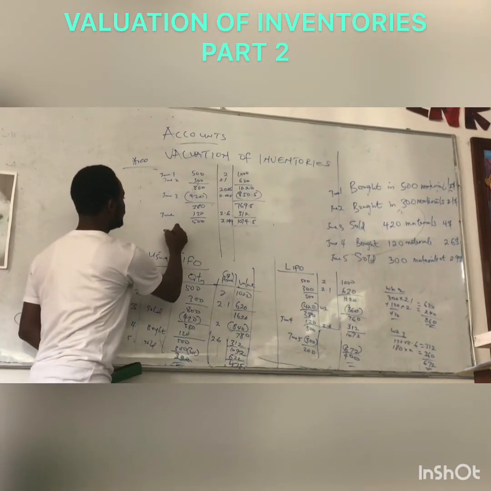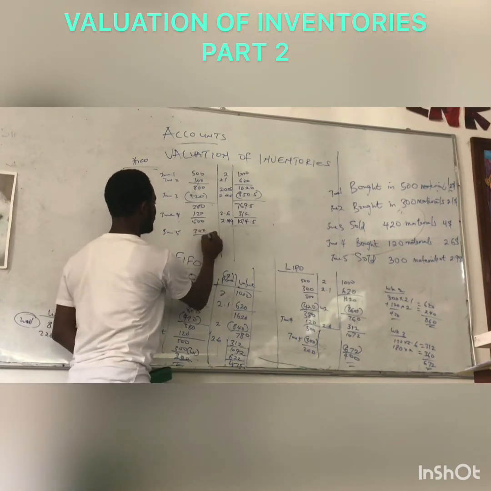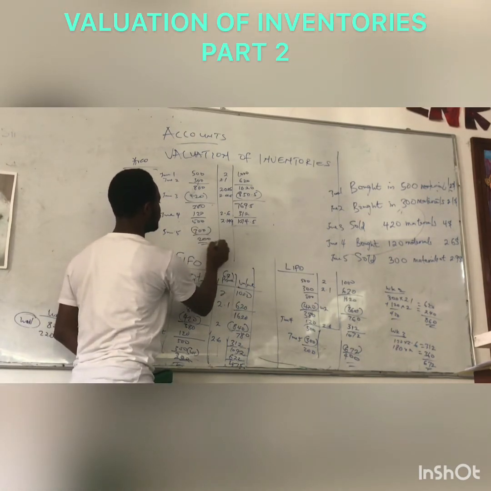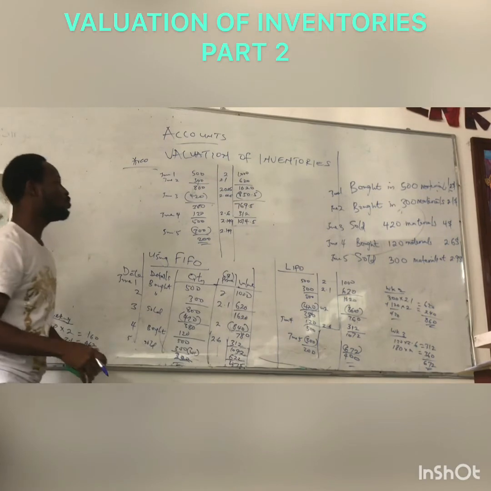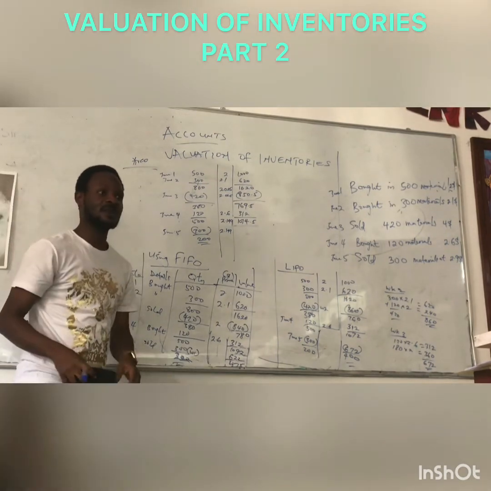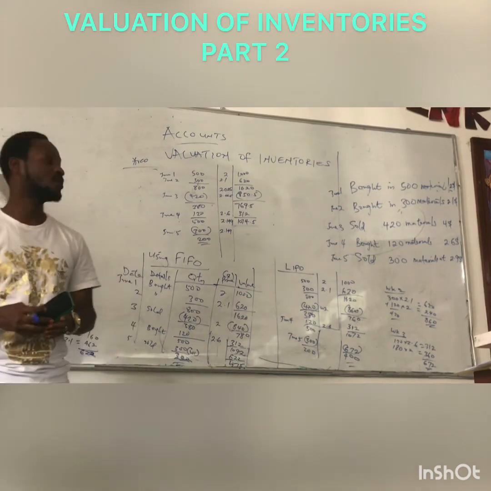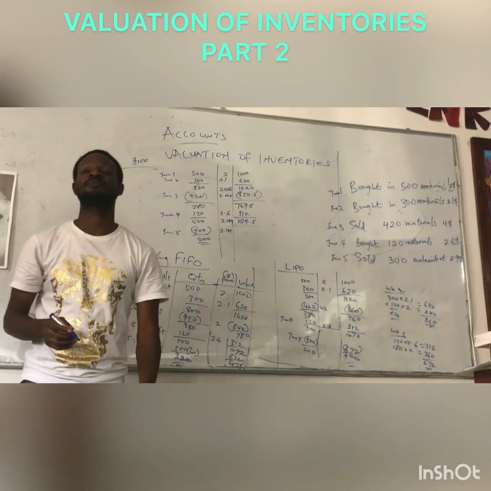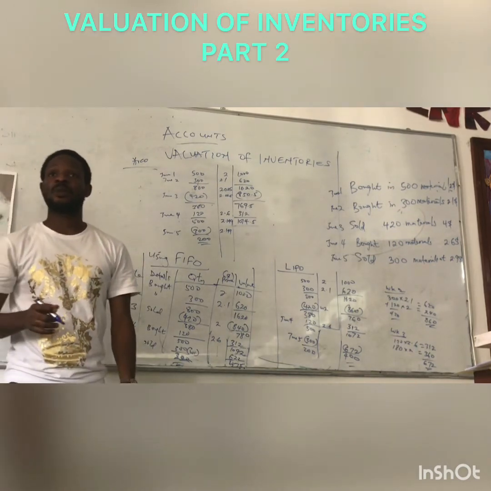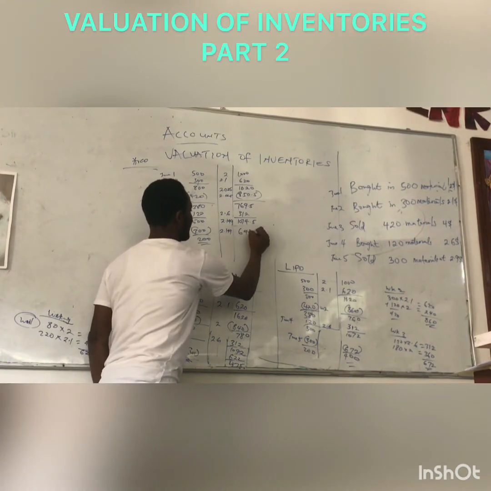On June 5, 300 goods are sold, leaving us with 200 units, and it must be at this price, 2.149. So 300 times 2.149 is 643.8.